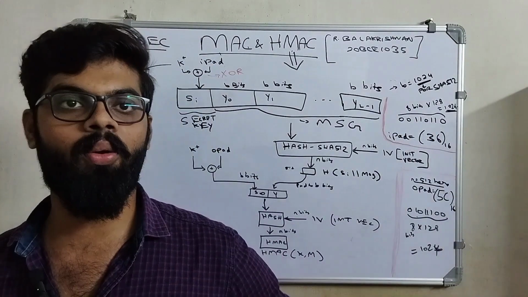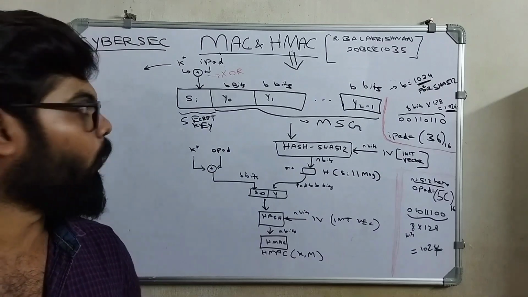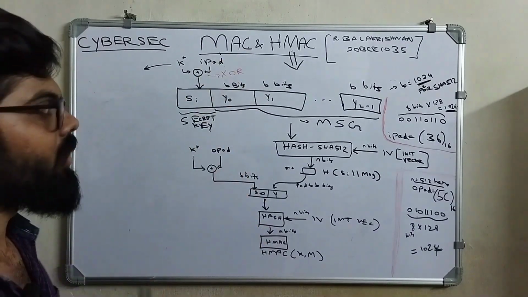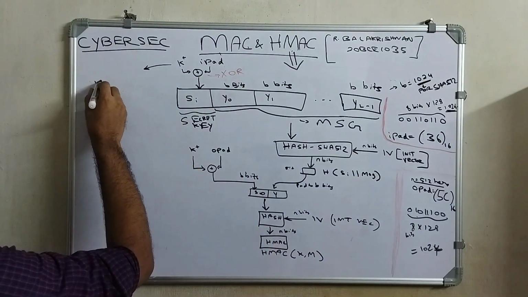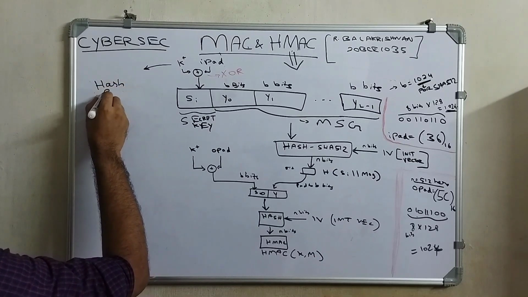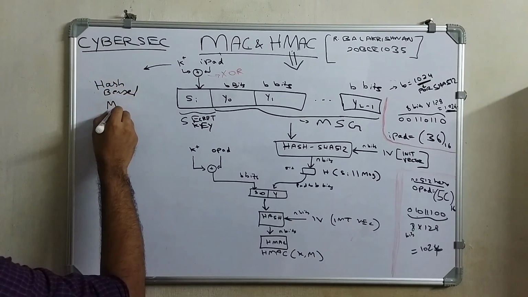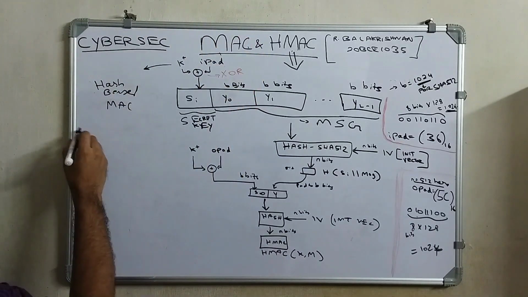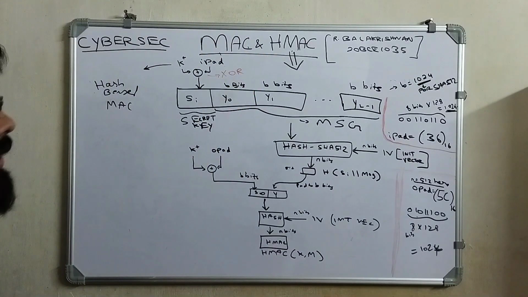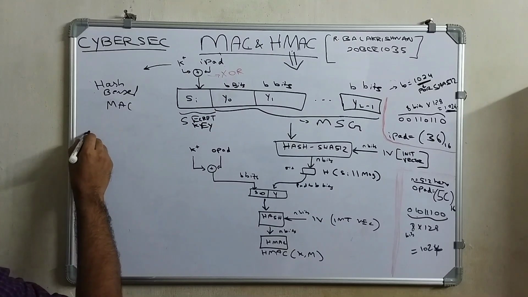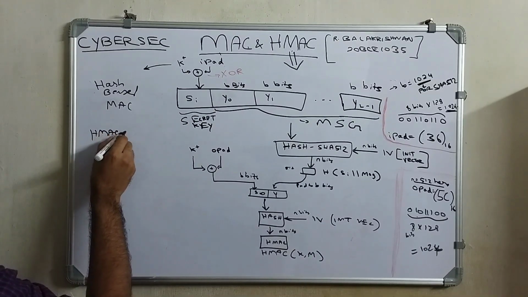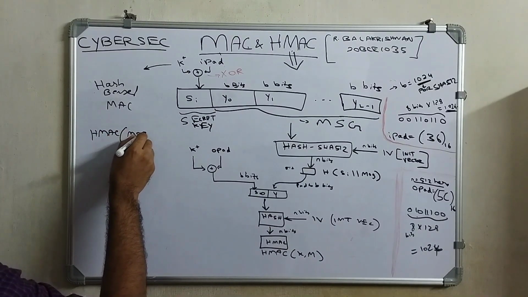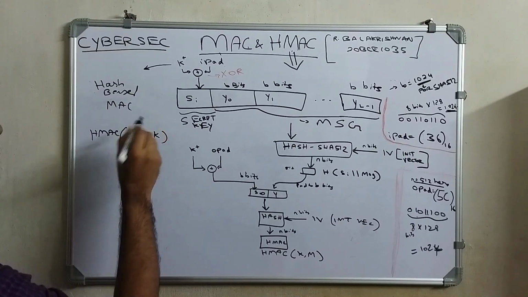So let us now continue on HMAC. So what is HMAC? HMAC is hash based MAC. It is similar to MAC. MAC was a function, so HMAC is also a function in which you input the message and the secret key.